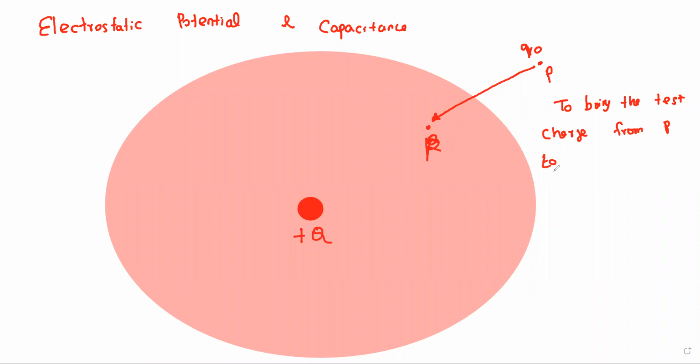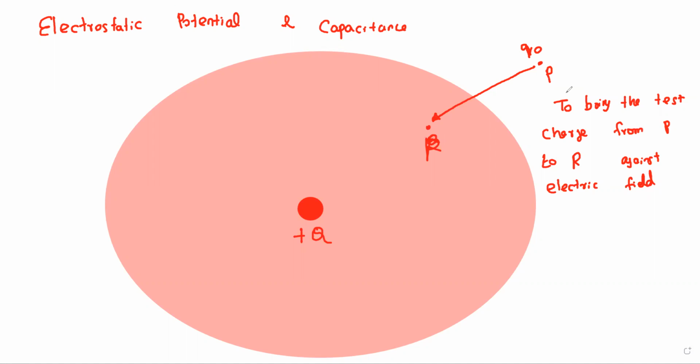This is point P and this is point R. From P to R against the electric field, because when this Q0 moves towards plus Q, it experiences the electrostatic repulsive force. This plus Q repels that Q0.